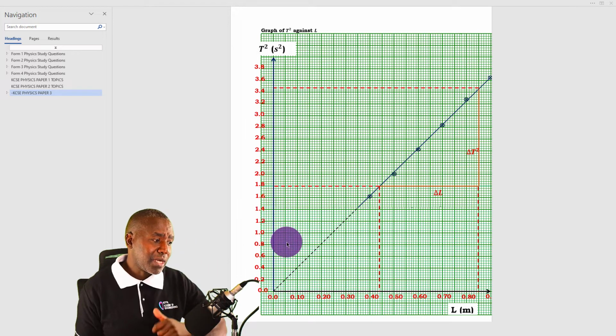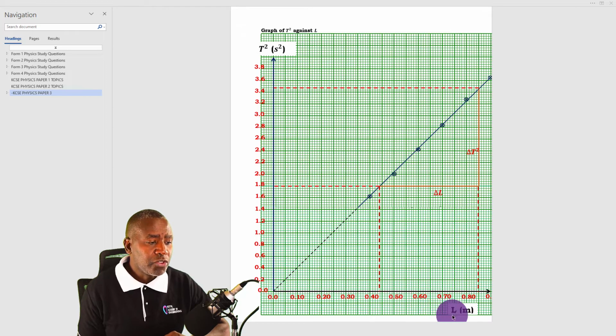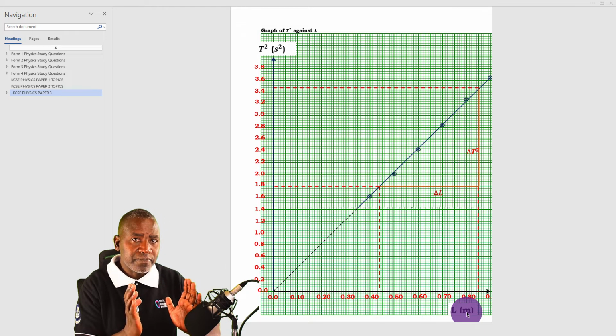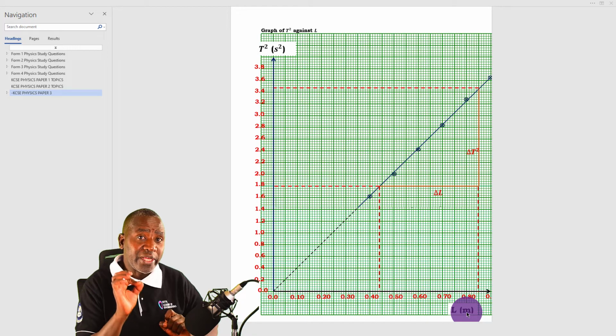Having said that, you come now and draw this x-axis and the y-axis. Next, you are going to label the axis. Labeling the axis means you put the physical quantity and its unit in brackets. Very important. You always get 1 mark for labeling the axis.